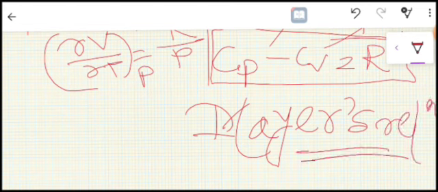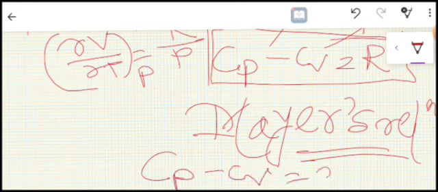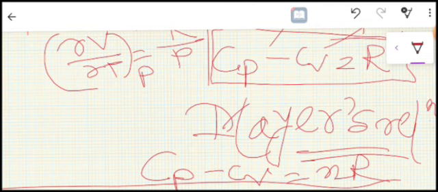For n moles we get Cp minus Cv is nR. This is known as Meyer's relation.